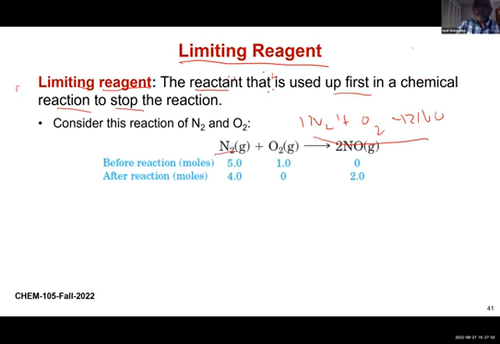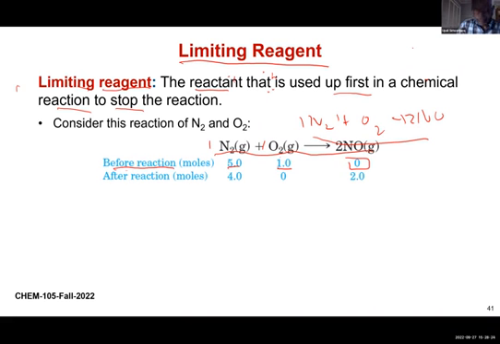This reaction is balanced. If you start with 5, 1 mole reacts, 1 mole gives 2 moles of nitrogen monoxide. Before the reaction, this is the amount. So 5 moles, 1 mole. At the beginning, there's no product before the reaction.